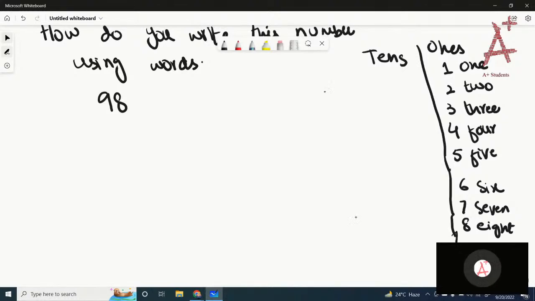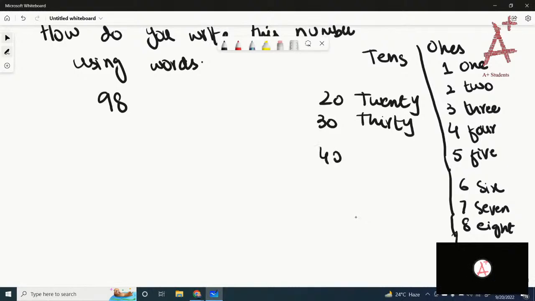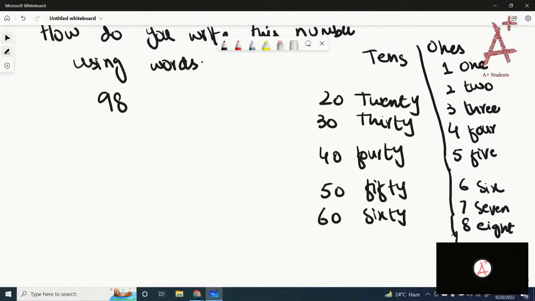Then you have tens, they are like 20, 30, 40, 50, 60, 70, 80, and 90.